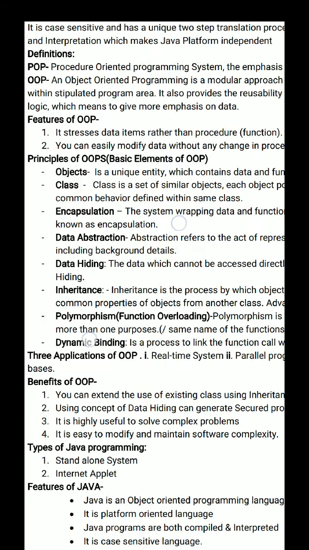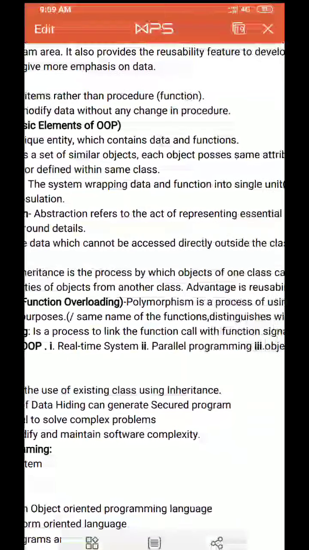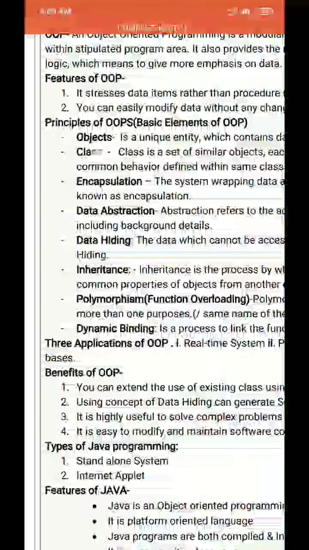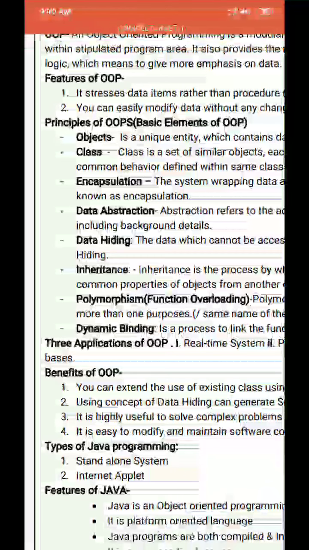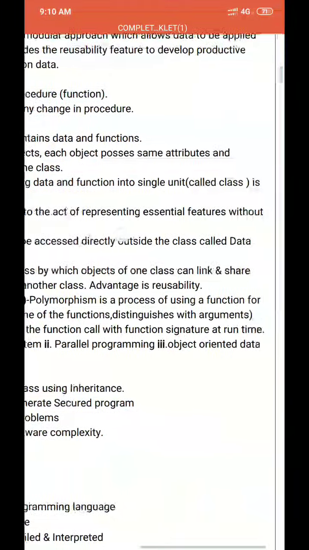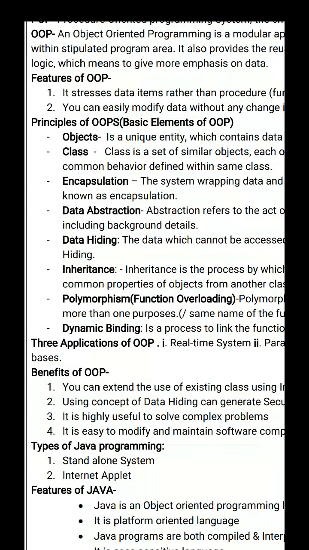Now principles of OOP: an object is a unique entity which contains data and functions. Next is class. A class is a set of similar objects. Each object possesses a name, attributes and common behavior defined within the same class. What is encapsulation?